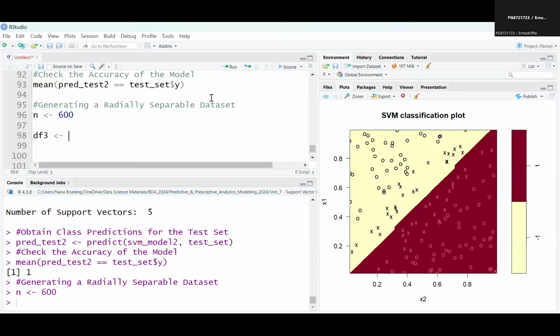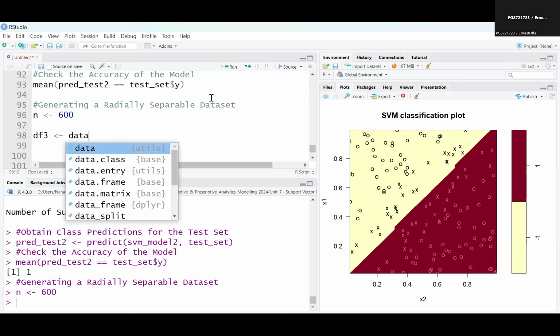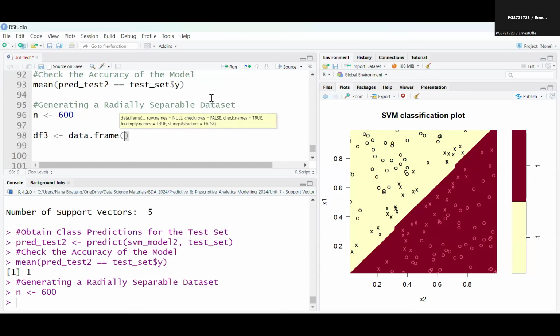We want to create a data frame where x1 is equal to random uniform numbers. We are taking n, but this time around, let's specify the minimum and then the maximum. So minimum equal to -1, and the maximum is 1.